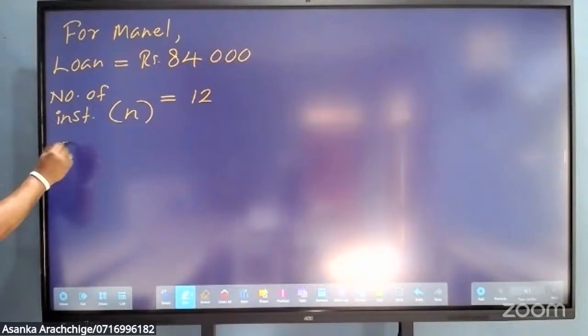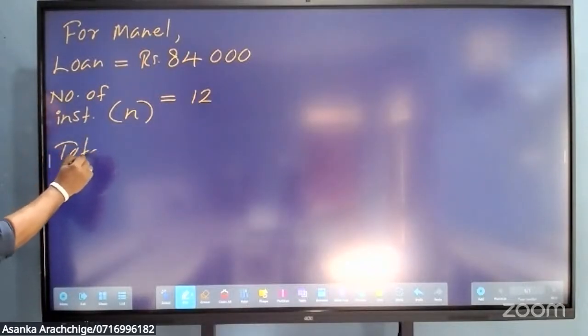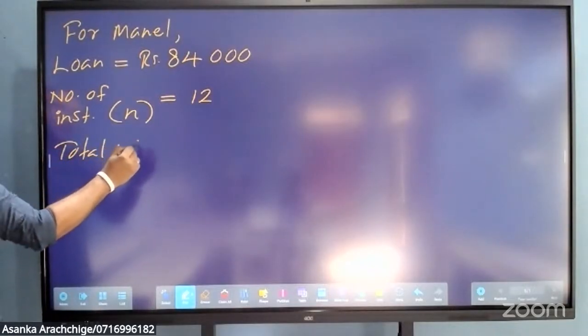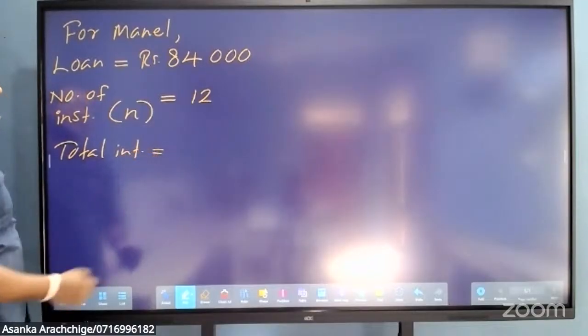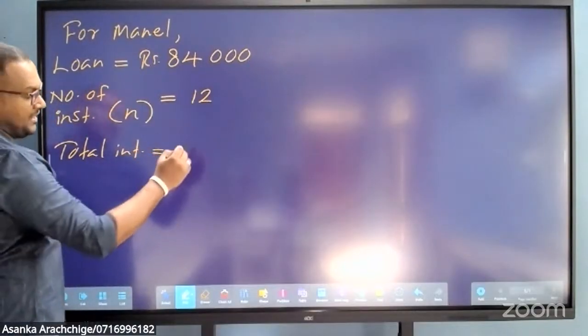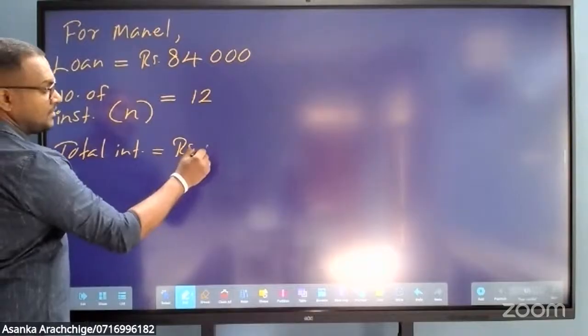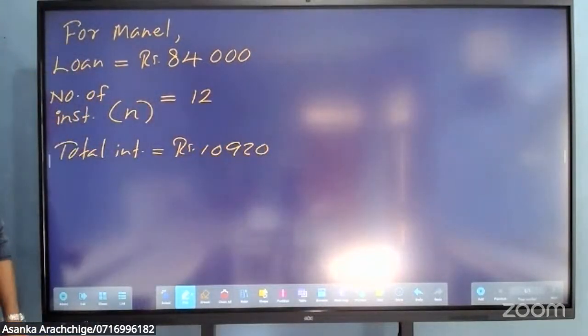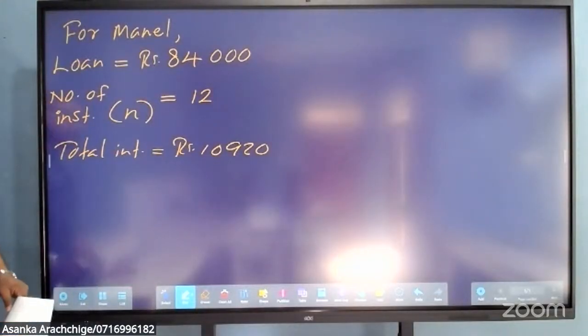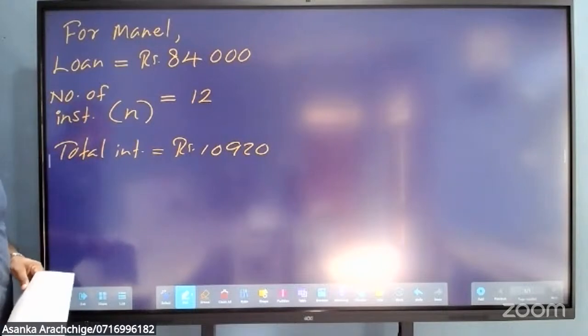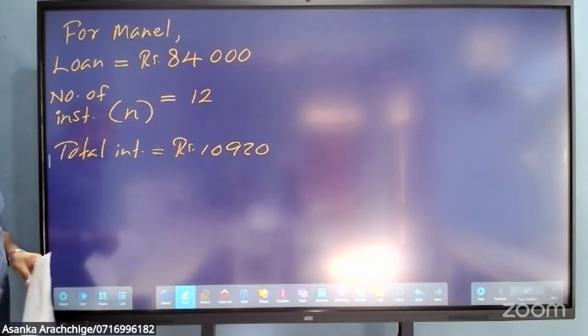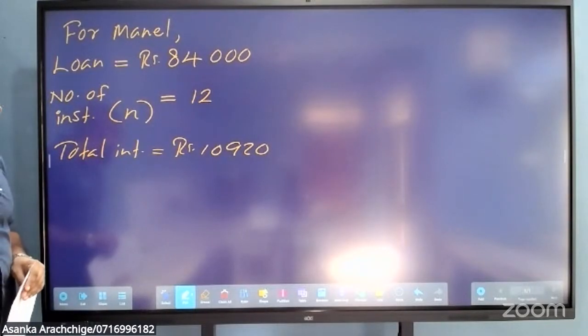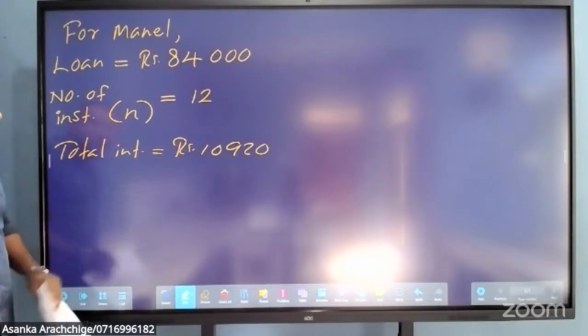The total interest is the same as what we pay, 10,920 rupees.